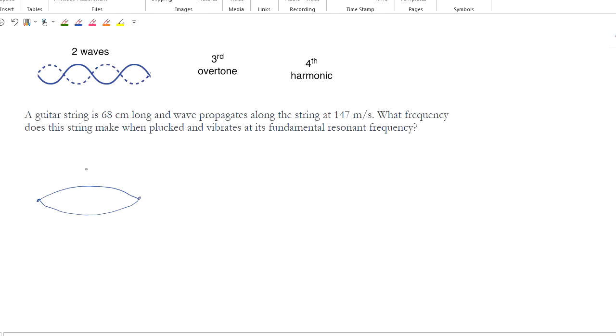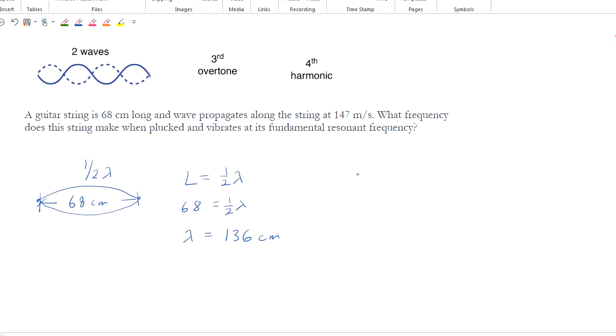We know that there's a half lambda right here. If the length is 68 centimeters, that means the length is equal to a half lambda. So the wavelength is just equal to twice 68, so that's 136 centimeters.